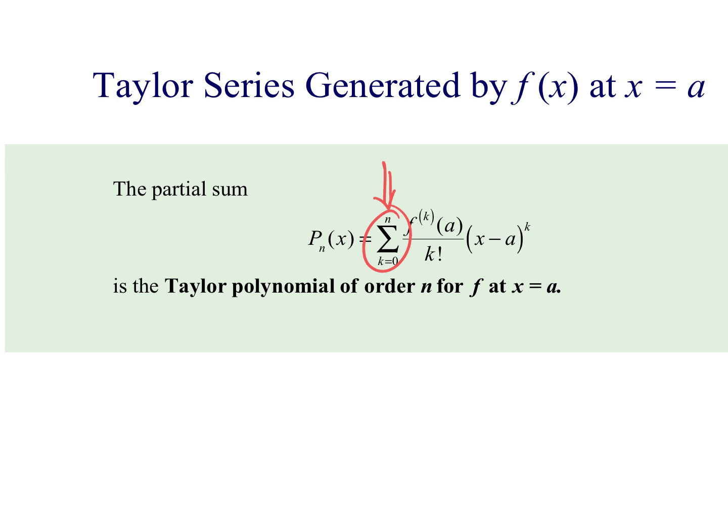Well, this little k right here just means that you're changing the derivative. So it would be f prime, f double prime, f triple prime. We're changing as we go. We're dividing by the factorial of that same value. We're centering it around the term that is convenient to us.